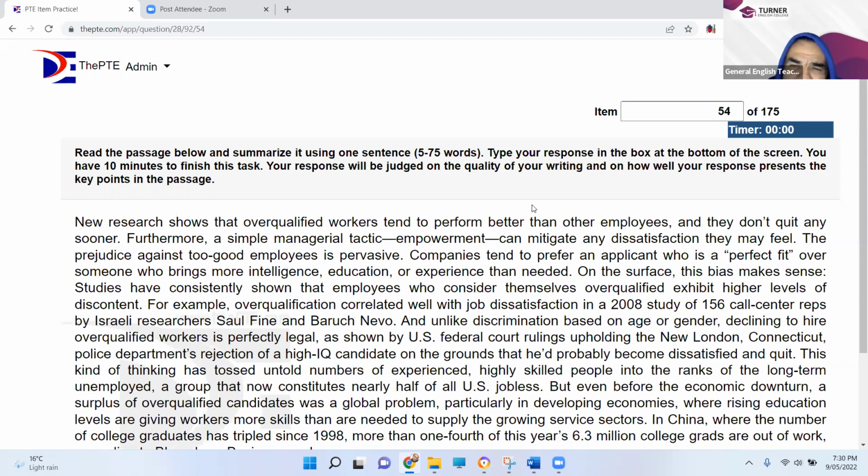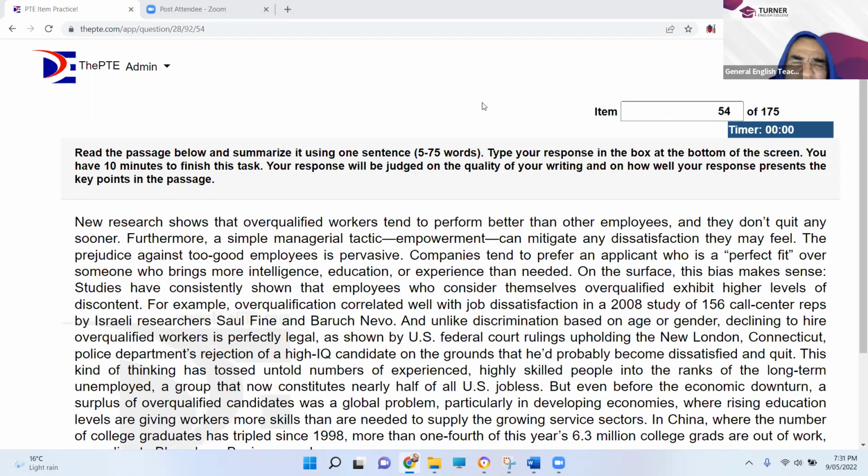Summarize the spoken text or detailed lecture? Okay, good. And Simon, what do you think we should do? Repeat sentence. Repeat sentence or fill in the blank. So the first one I didn't get. What sentence? Oh, repeat sentence. Yes.